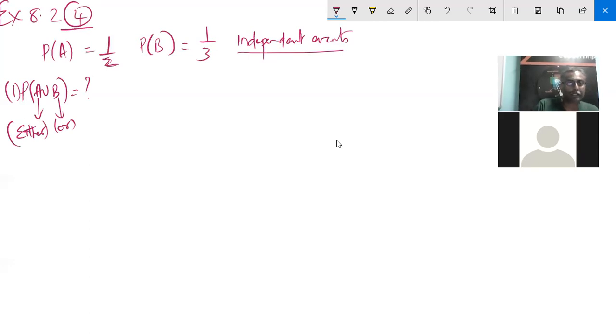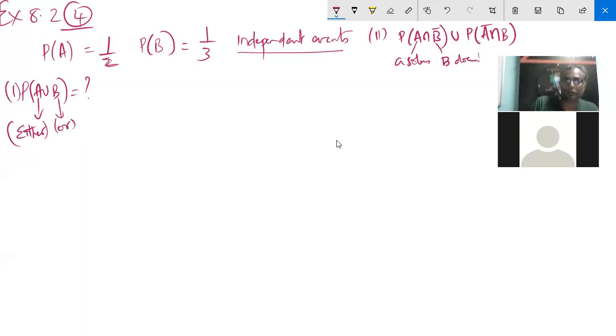The second one is asking to find the probability that exactly one of them will solve it. That will be P of A will solve it and B will not solve it, union P of A will not solve it but B alone will solve it. This means A solves, B doesn't. That means only A solves.